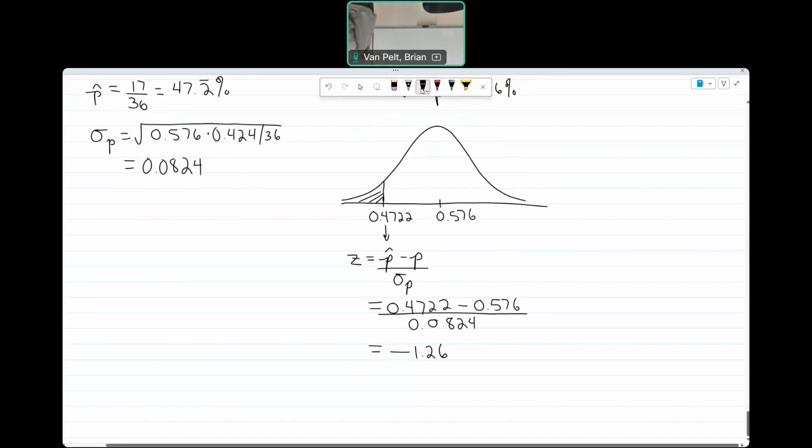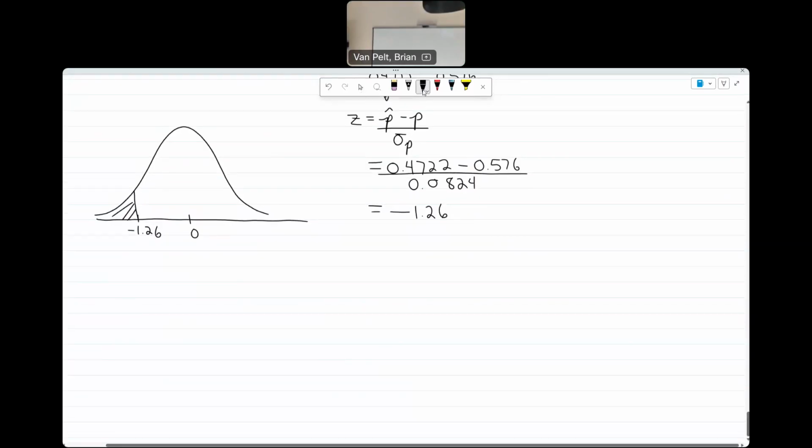-1.26 for the Z value. There's my p-value for this particular problem.